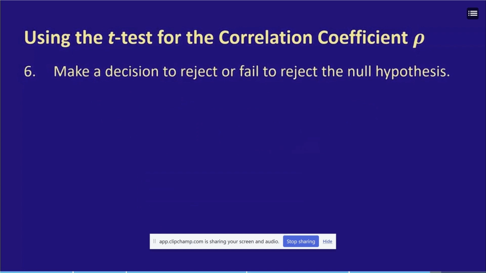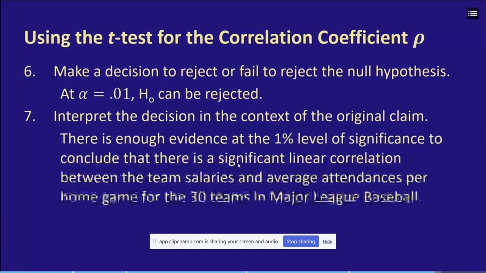So our decision is going to be that at alpha equal 0.01, H naught can be rejected. We are able to reject H naught, so we're going to be able to say there is enough evidence at the 1% level of significance to conclude that there is a significant linear correlation between the team salaries and average attendances per home game for the 30 teams in Major League Baseball.